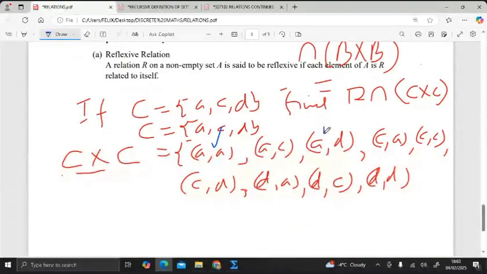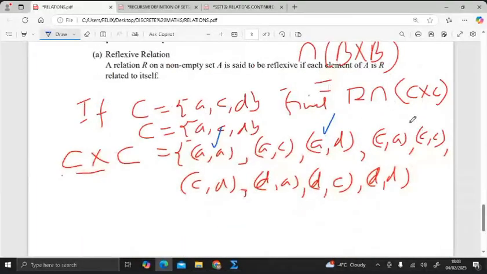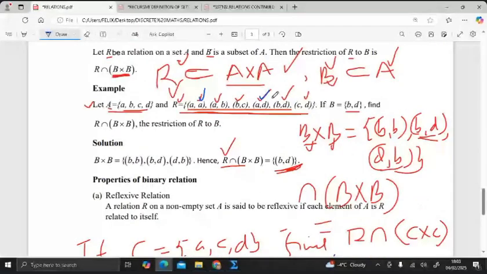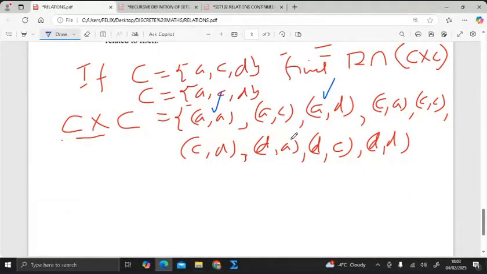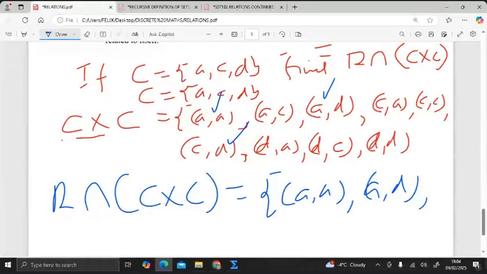You see, our R is this. So what we need to do is to identify those elements that are common between the relation and CC. You can see one of them. If I can use different ink, let me use blue. Look at that. AA is there. AB is not here, of course, it cannot be. BC is not there because we don't have B. AD, yes, we have AD. And see that AD is here.